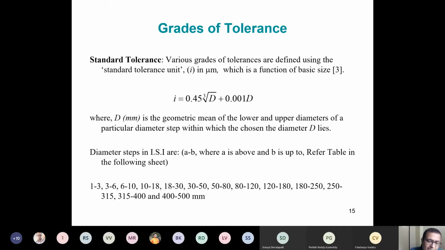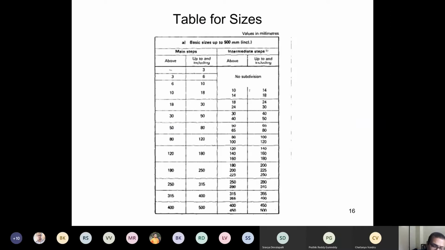Now, this grade of tolerance is governed by something called the standard tolerance unit. This is a very important concept. For every D, this D is the geometric mean of the upper and lower diameters in which the particular diameter lies. There's a table which I showed last time also.